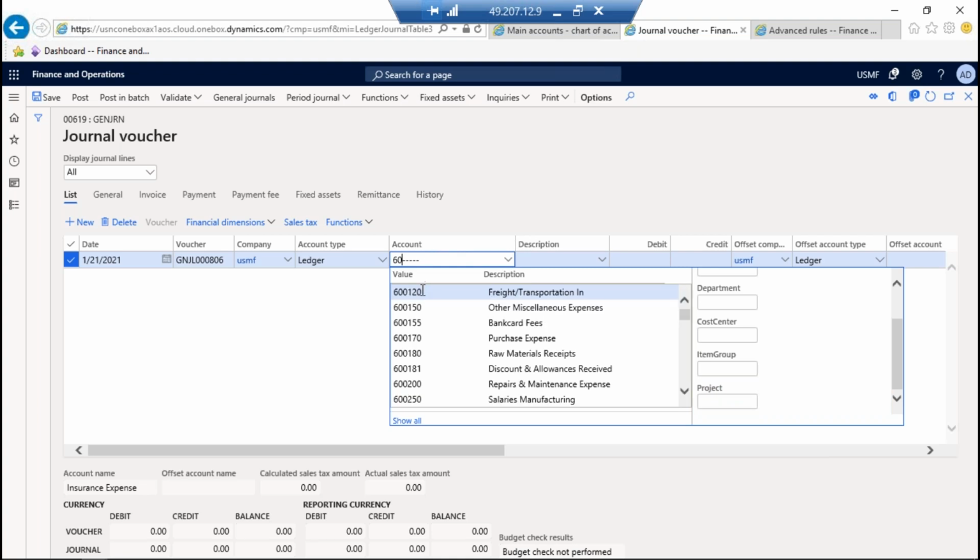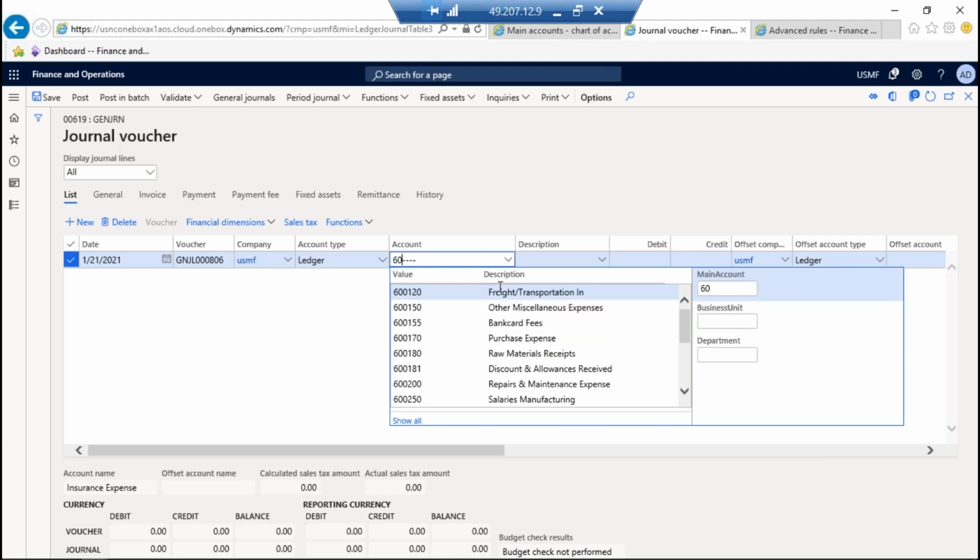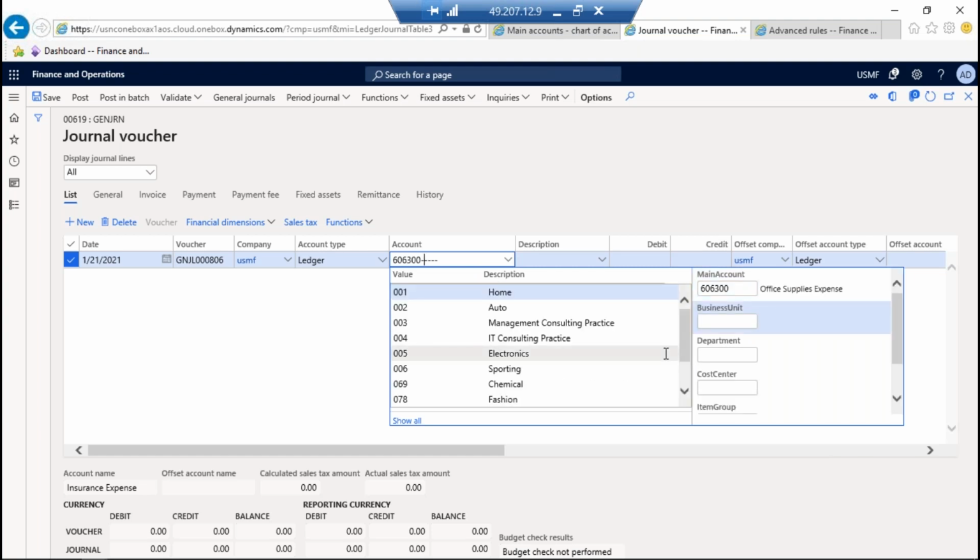If it is 606 601200, then it is only showing 4. If you are selecting 606 300, suppose, then it is business unit, department, cost center, item group, and project. Extra project is coming.